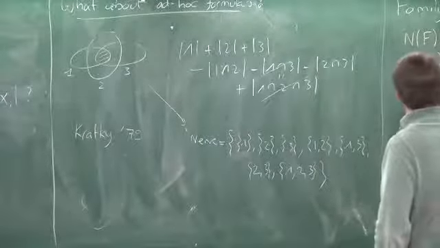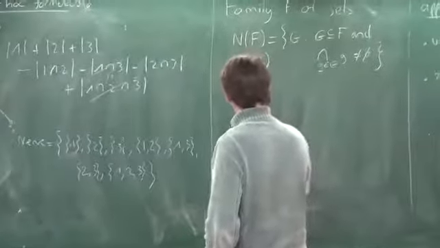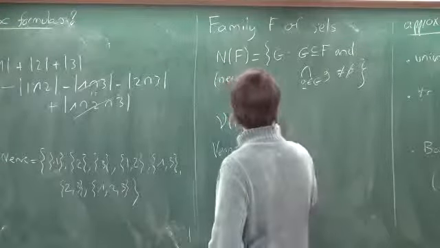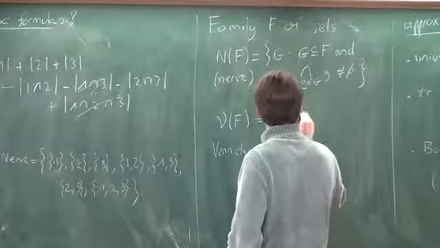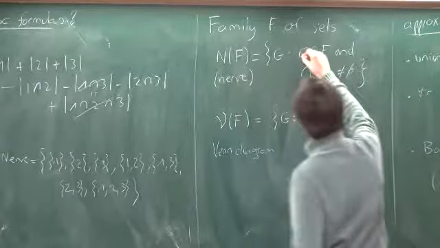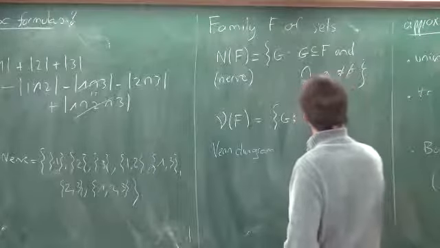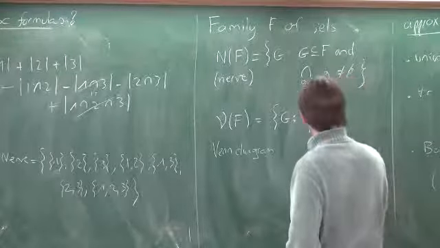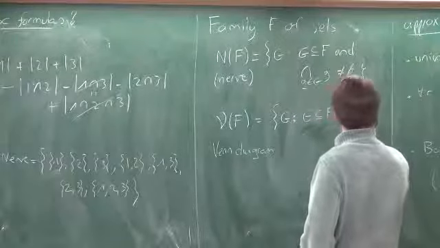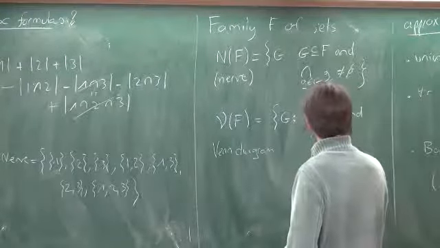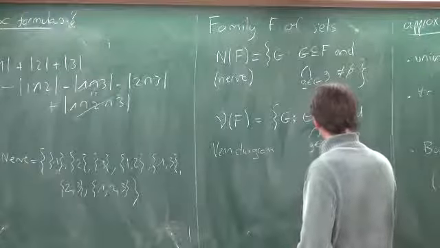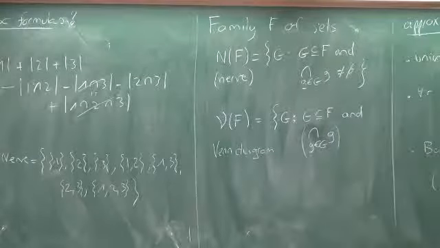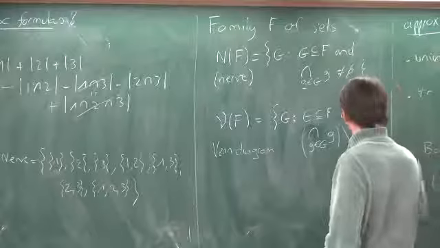And I define also what we call the Venn diagram. It's slightly different. It's a subset of the nerve. It's the set of all subsets such that I want not only the intersection of the elements to be non-empty, I want actually it not to be covered by the remaining elements.